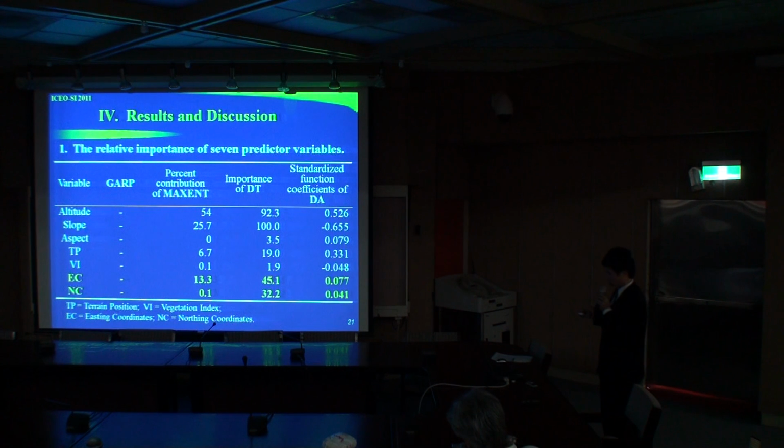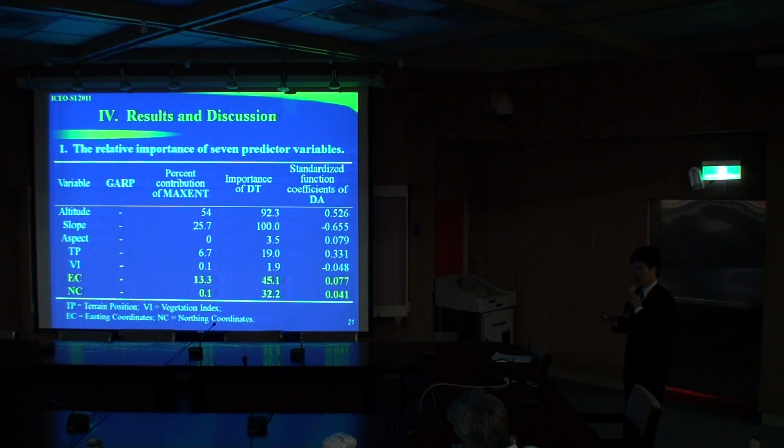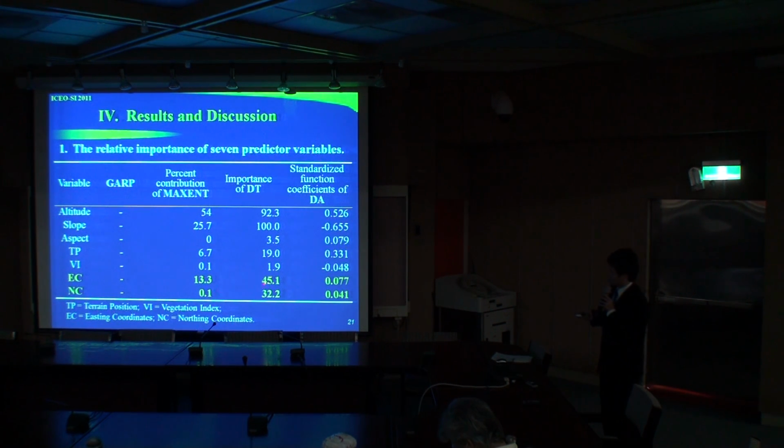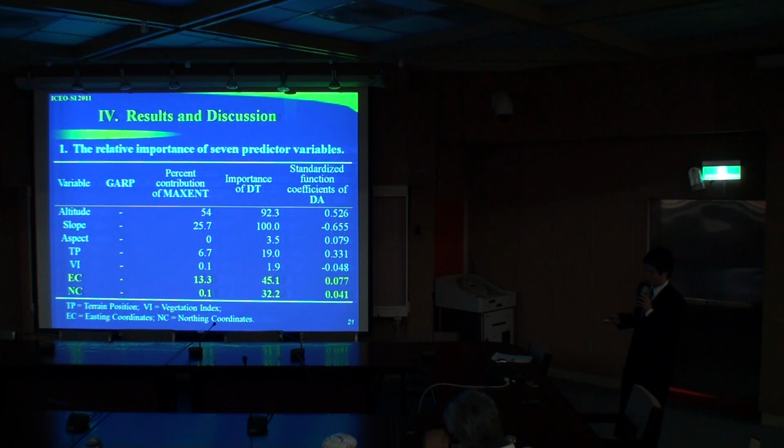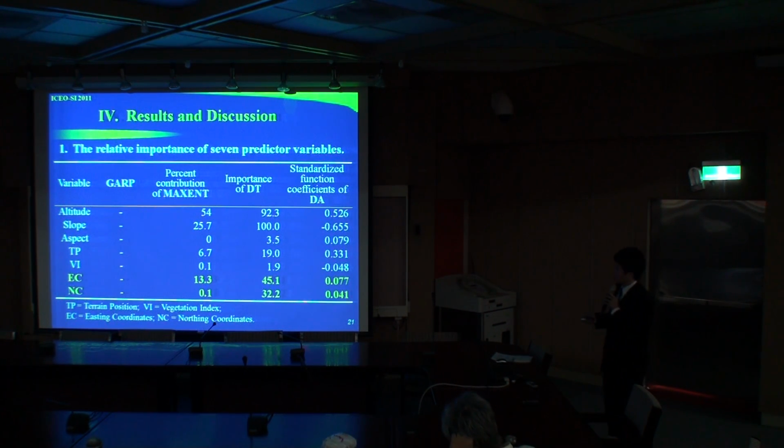In this table, we can see that altitude, slope, and terrain position are much more important than other factors in MaxEnt and DT and in all three models. And the eastern coordinate is important in the MaxEnt and DT models, and the northern coordinate is only important in the DT model.